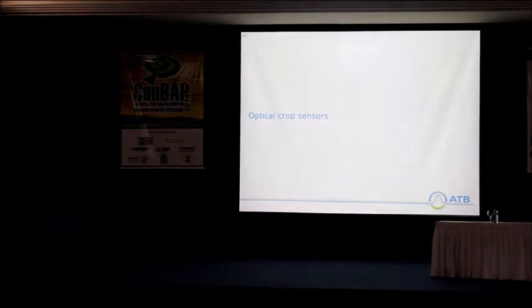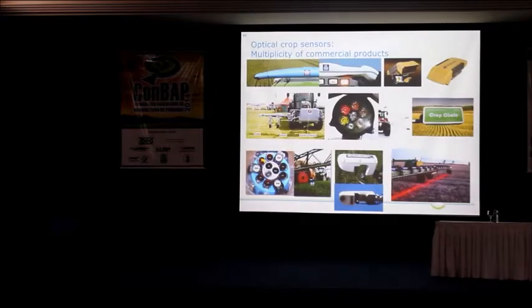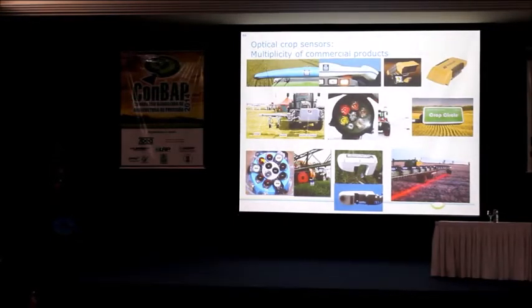So let's go to optical crop sensors. There are a lot of them on the market, which is an indicator for me that they are successful, farmers are interested, and so companies react on this interest and produce new sensors, a whole lot of them.